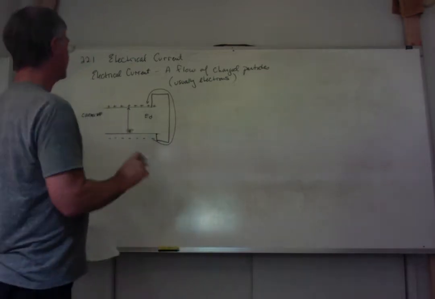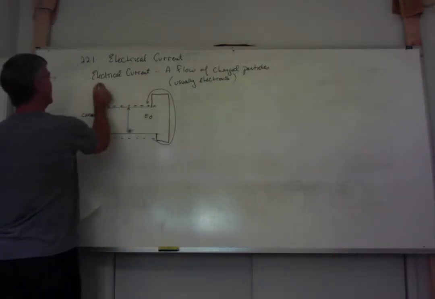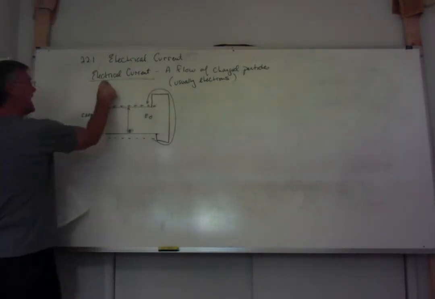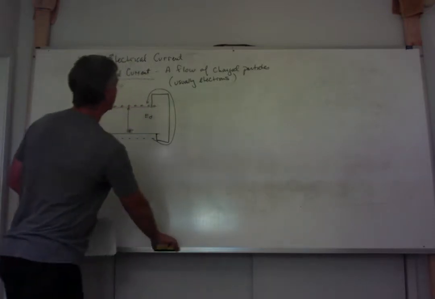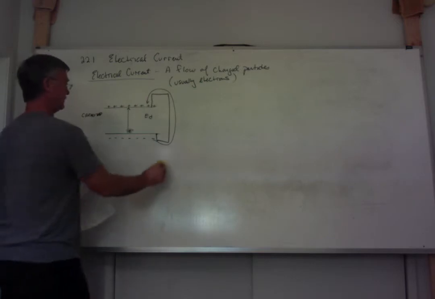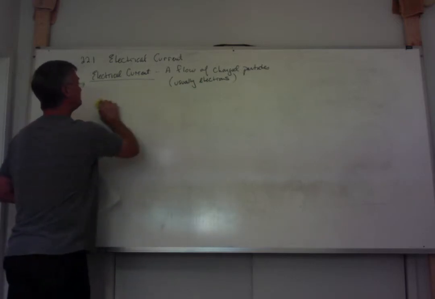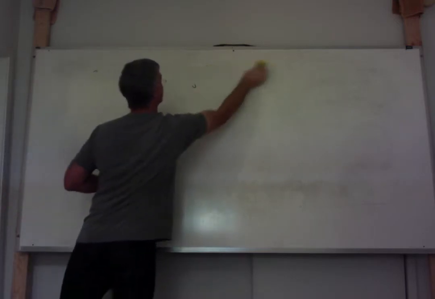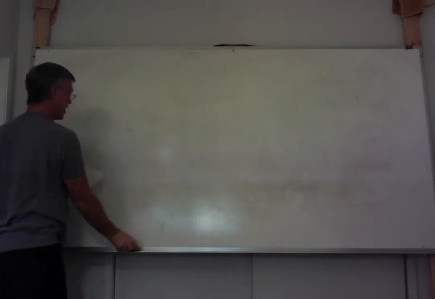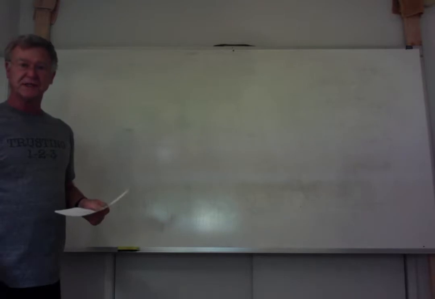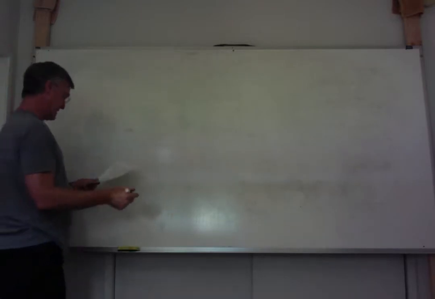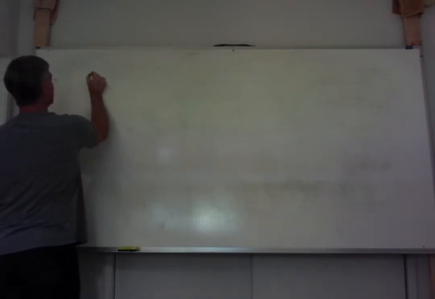And in order to make electricity useful, we have to find a way of maintaining an electric current. We have to have a way of making sure that electric current flows. Let me give you an analogy. And this is a very common analogy. My dad was an electrical engineer, and he used to use this analogy to help me understand. So imagine you have a lake.